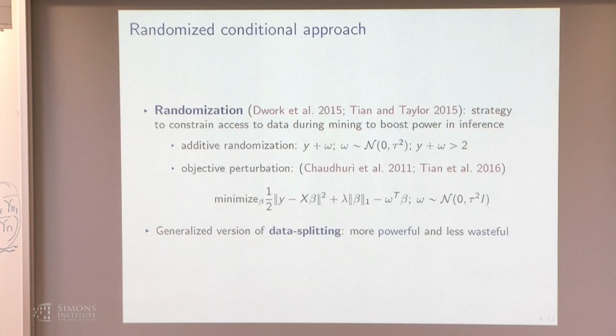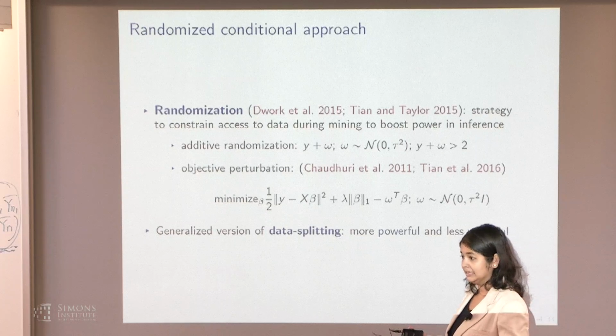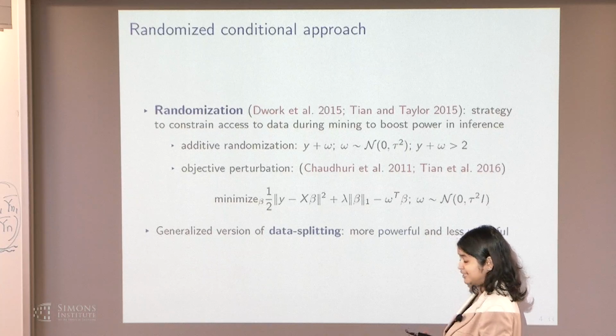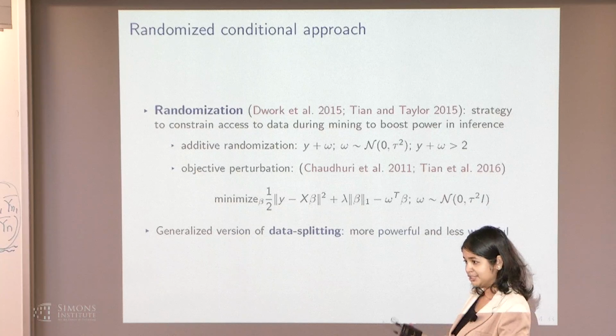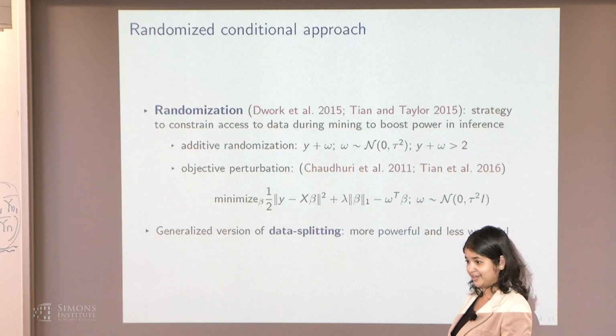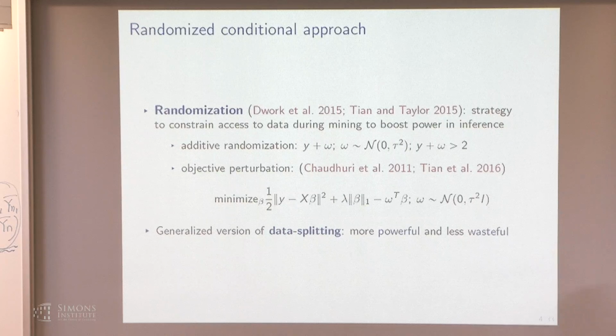So the question is, if these are the sort of randomization schemes that we look at, whereby we get a more generalized version of data splitting, in the sense that now we condition on this noisy version of the selection event and try to provide inference based on it, the question is now more computational.